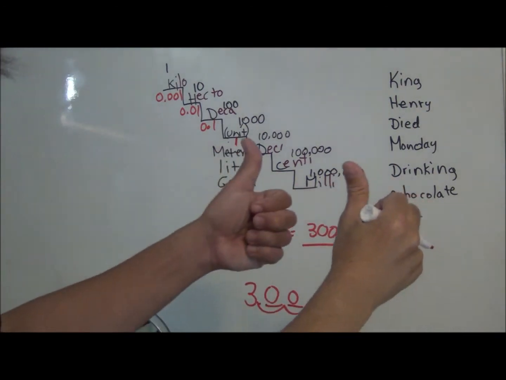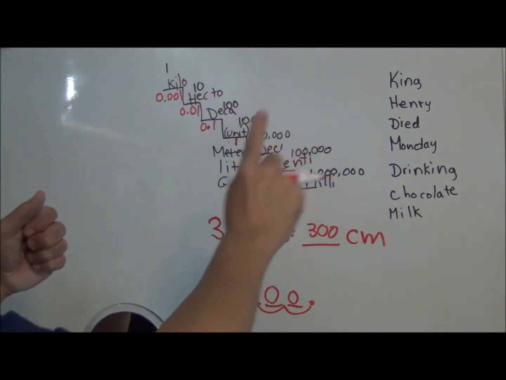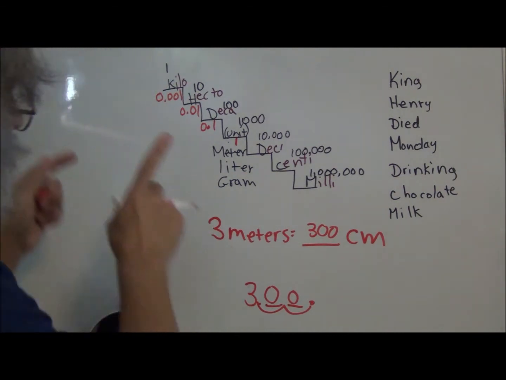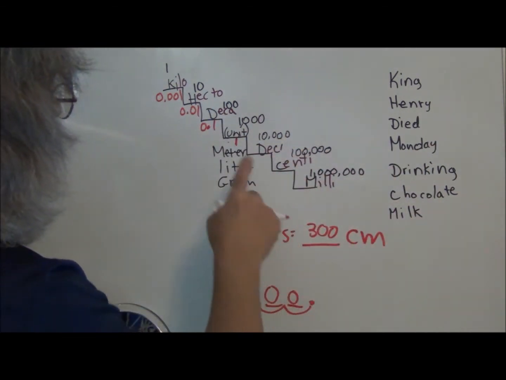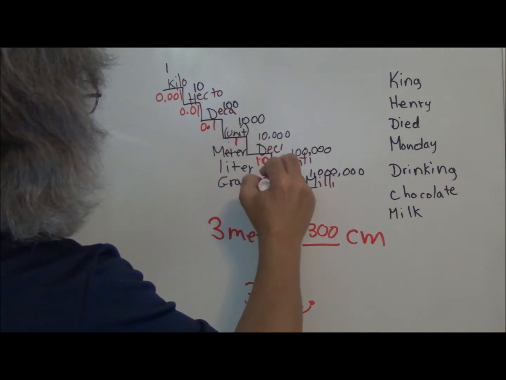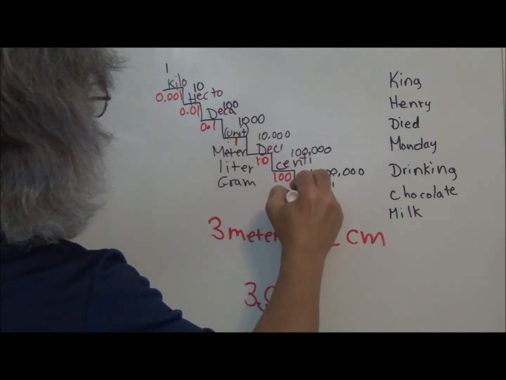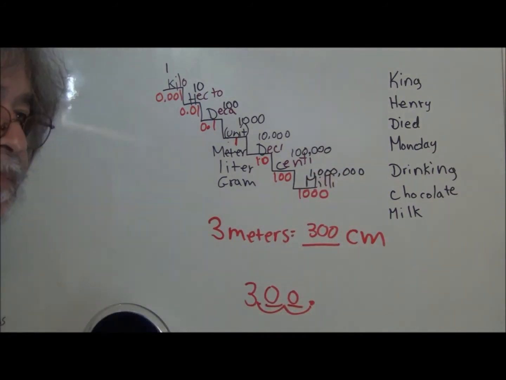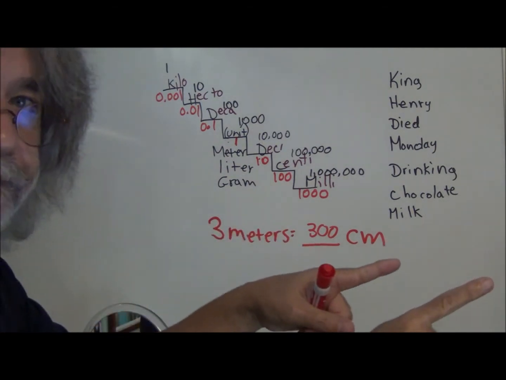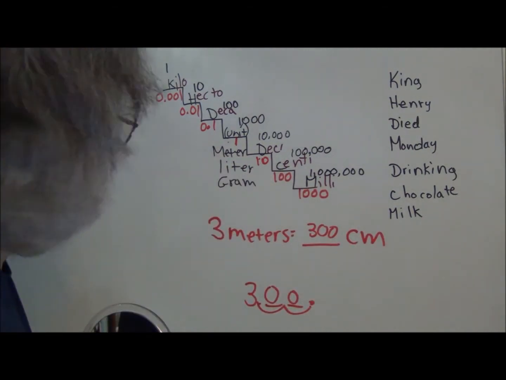Okay, because we're going to the left, the decimal point is going to the left, that's dividing. Going to the right, we're multiplying, so it goes from 1 to 10 to 100 to 1000. So, the red and the black, we did the same thing. We multiplied going to the right, we divided going to the left.